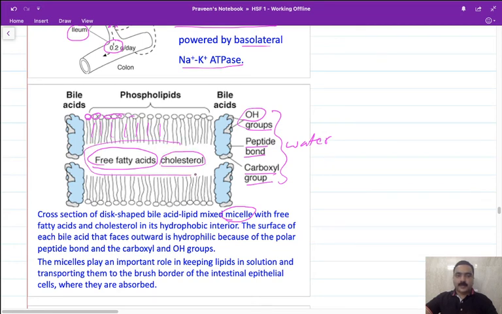So this is getting transported, and when this micelle reaches the brush border, what will happen? The brush border will break it open and absorb all the free fatty acids and the cholesterol. Okay, and then the micelle will again come back, and it will get filled with the digested fatty acids and the cholesterol. So this keeps shuttling in the intestine.